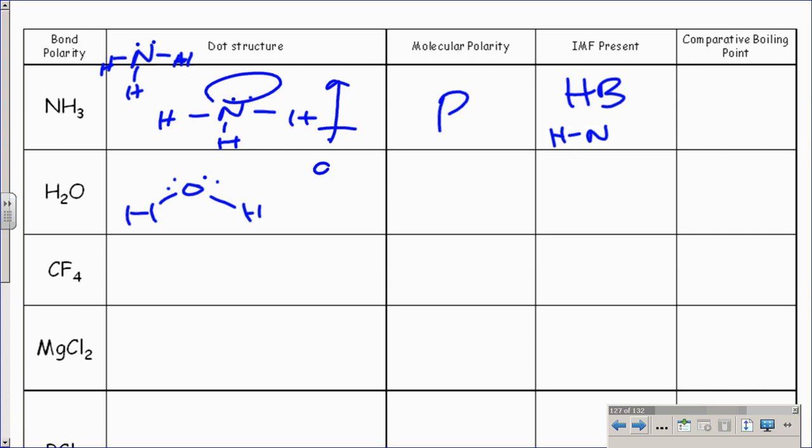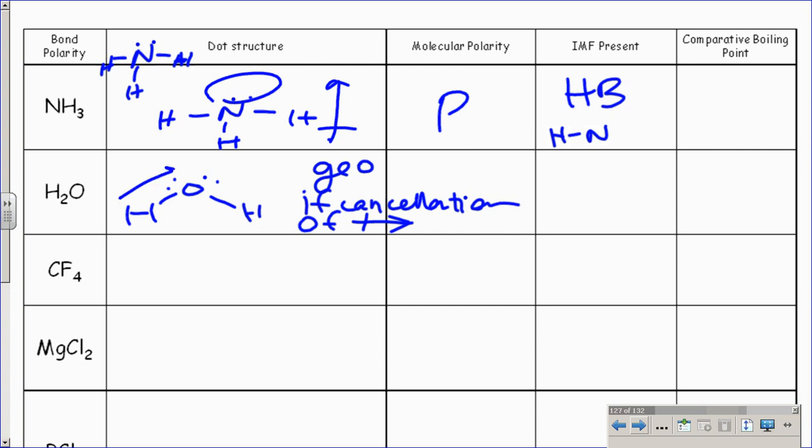So we have to consider the geometry, which is caused by the lone pairs doing their job, and if cancellation of dipole moments can occur. So if something has two dipole moments pulling in opposite directions, like carbon dioxide, it's going to be nonpolar overall.